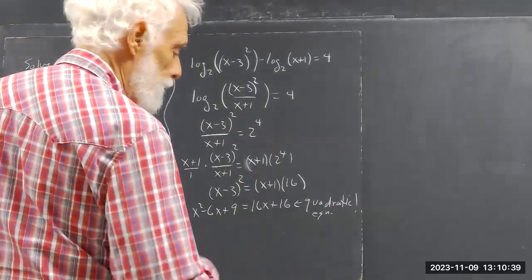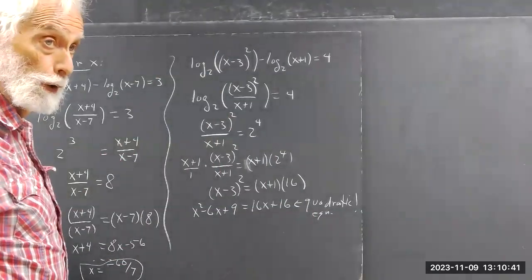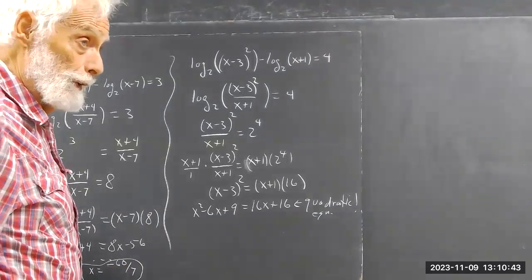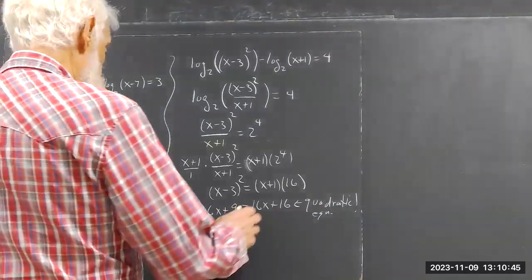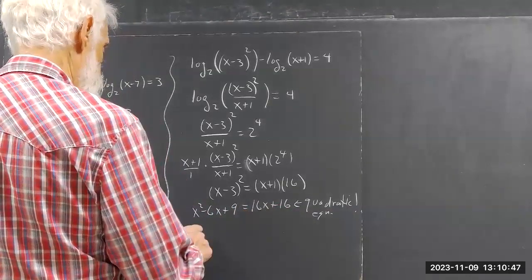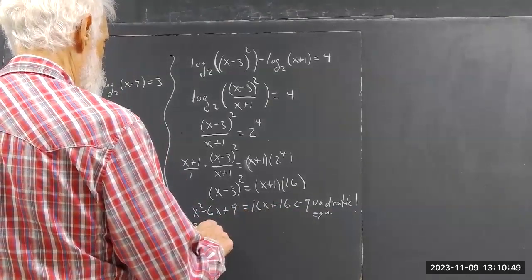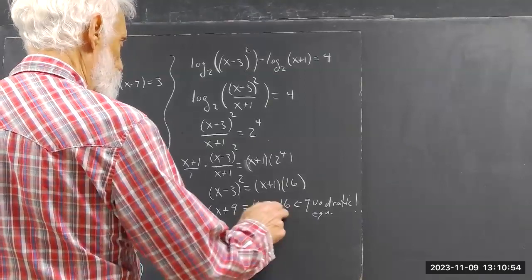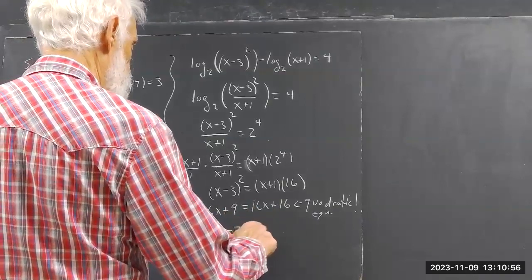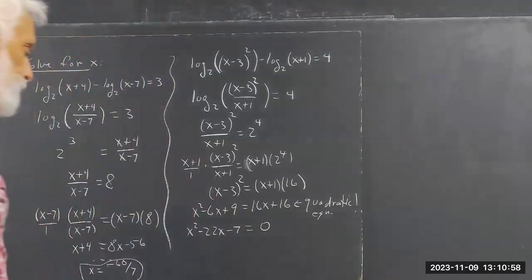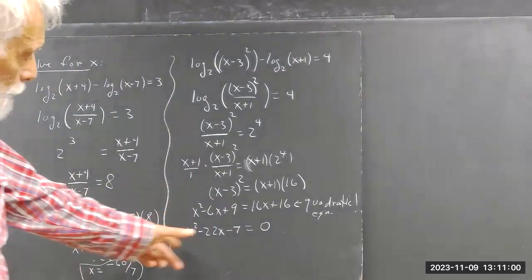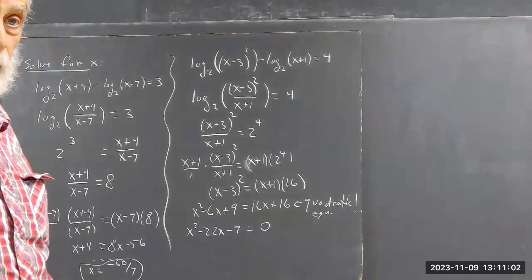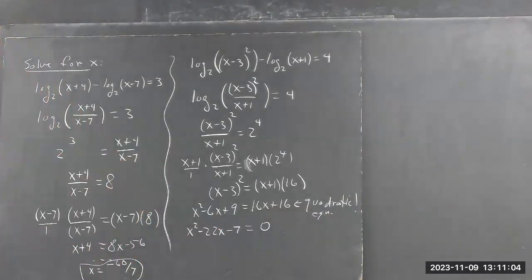We want to put it into ax squared plus bx plus c equals 0 form because we don't know how to solve it otherwise. So we subtract 16x on both sides, which will give us a negative 22x here, and a 16, which gives us a negative 7 here. And now we have an equation we can easily solve using the quadratic formula, because you can tell looking at this that it's hopeless to try to factor.